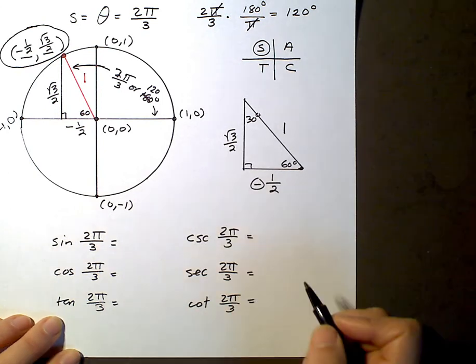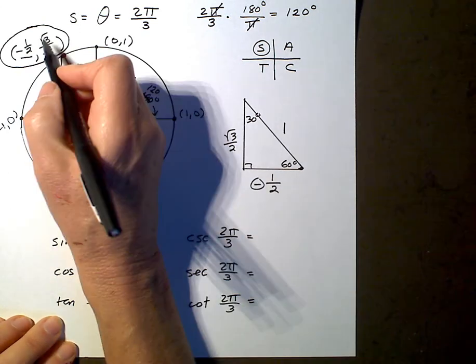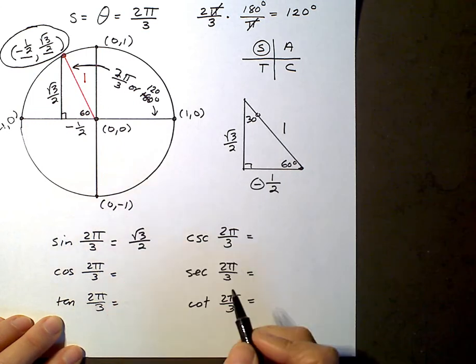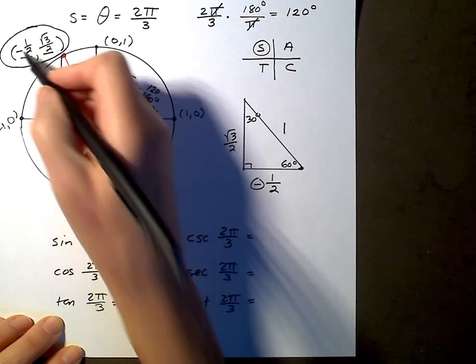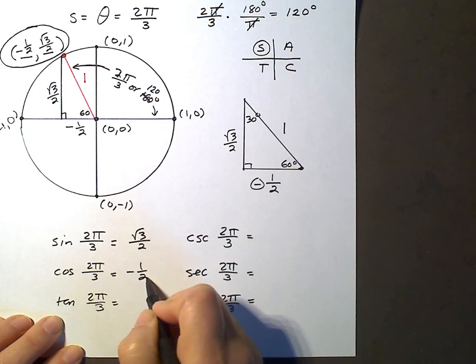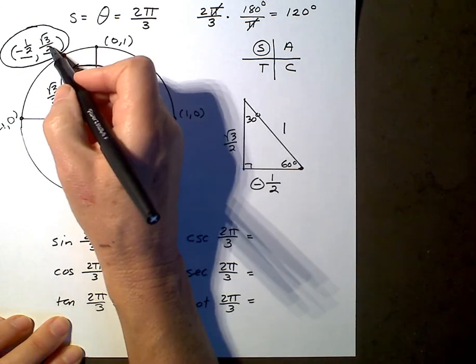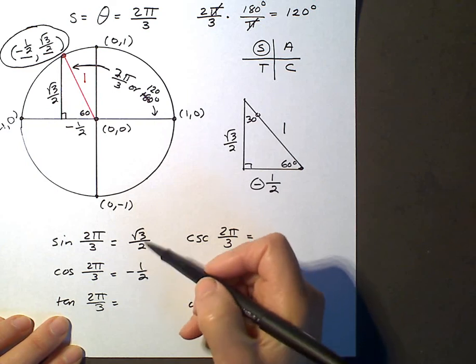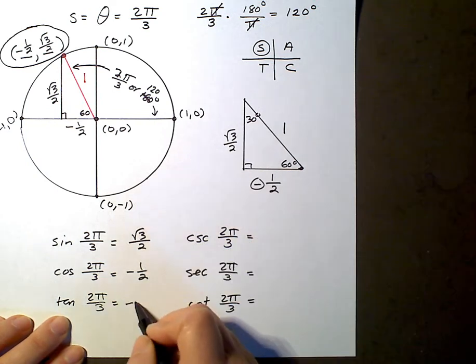Okay, so the sine is the y-coordinate, root 3 over 2. The cosine is the x-coordinate, negative 1/2. The tangent is y divided by x, or sine divided by cosine. When I divide these, the 2's will cancel, and I'll get negative root 3.